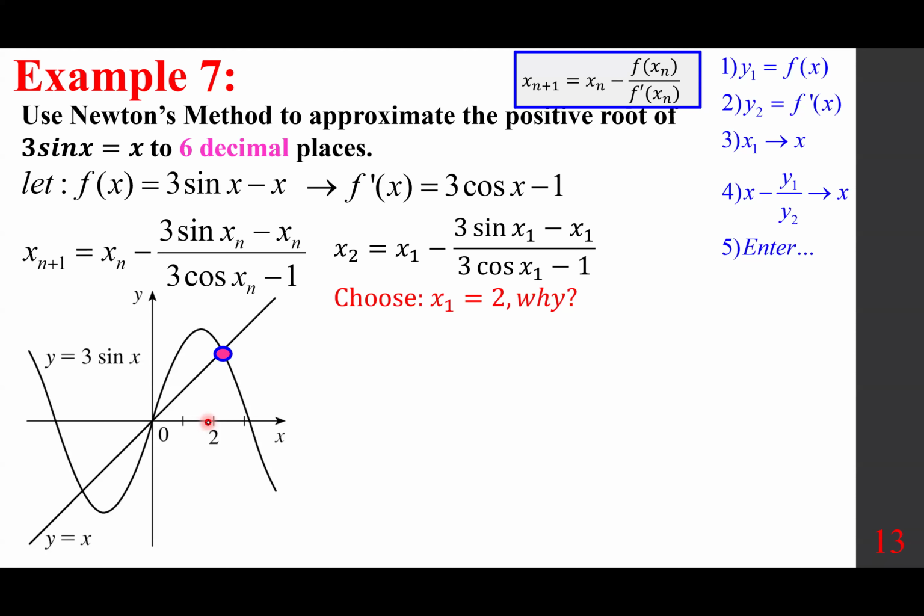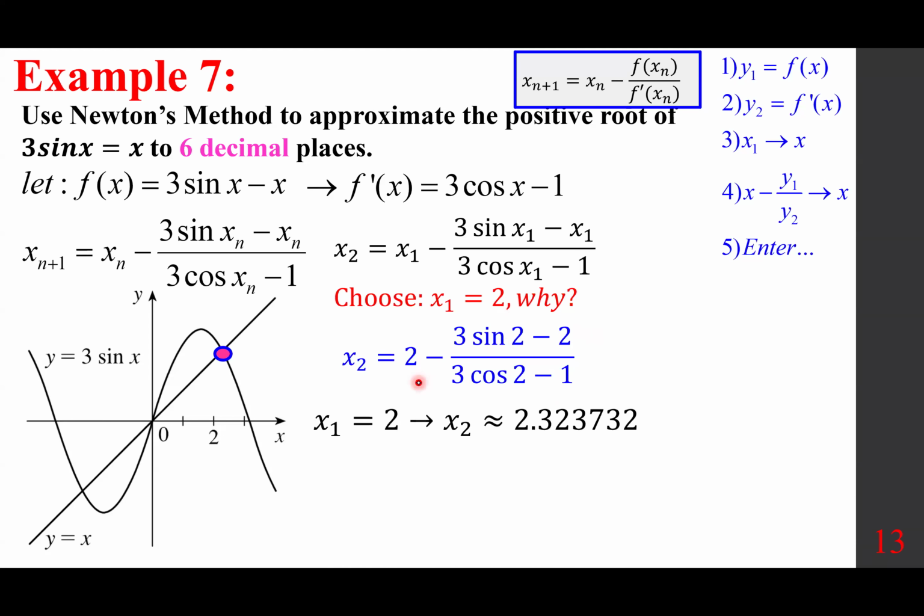So plug in. We are going to plug in 2 wherever we see x sub 1. Now 3 sine 2, it's not a common arc. You have to put it into a calculator. Minus 2, 3 cosine 2, the same thing. So you put this into a calculator and you find x sub 2. So if x sub 1 is 2, x sub 2 is 2.323732, because we are looking at 6 decimals.